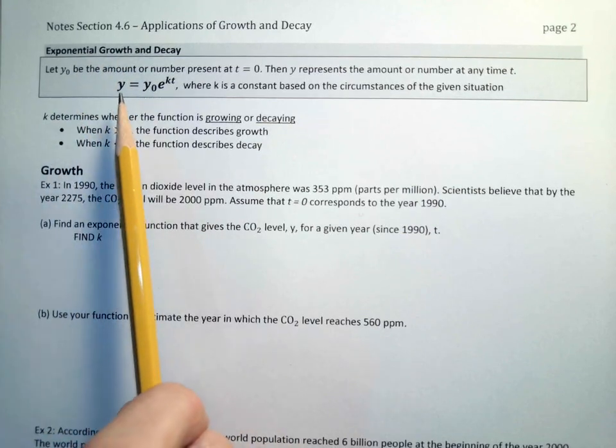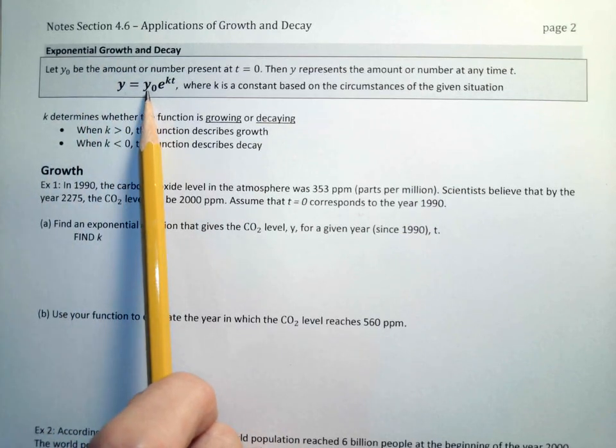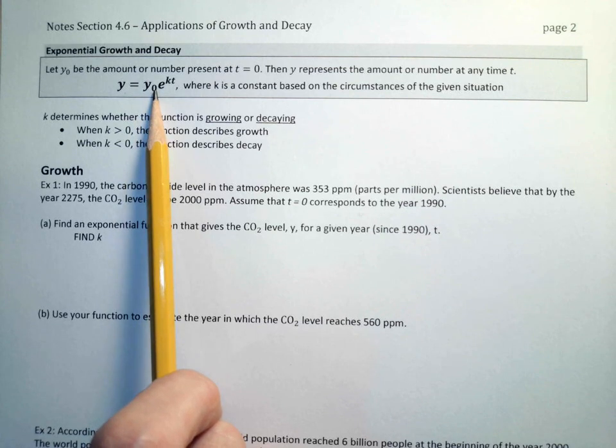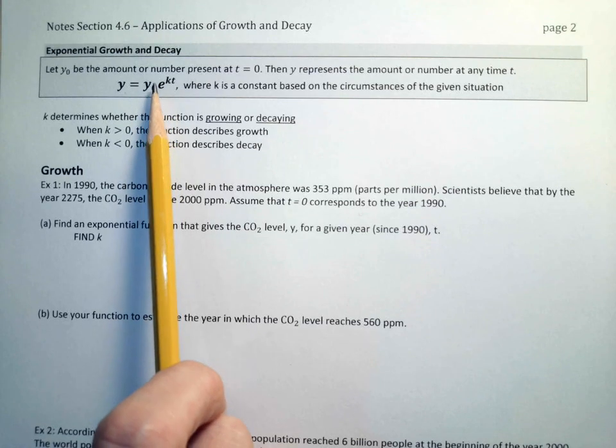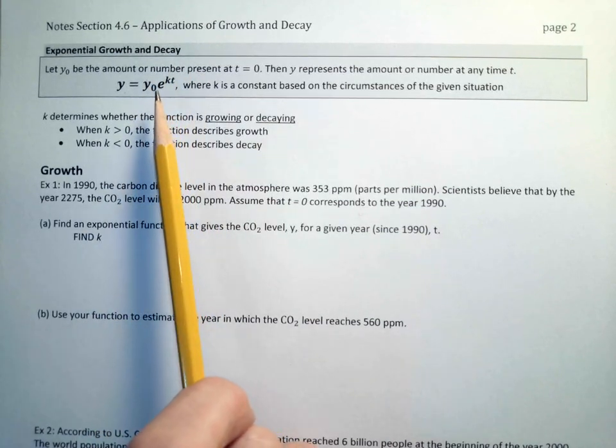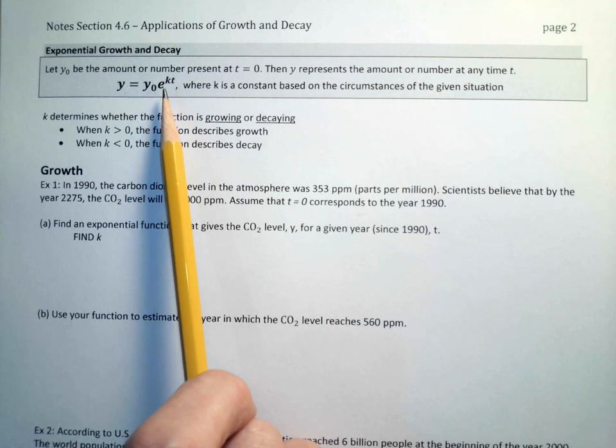So the general formula will be the final amount y is equal to the initial amount y sub 0. That's y naught, the initial y value. For interest, we call it P, the principal, but here we're not talking about money, so we're going to call it y sub 0.